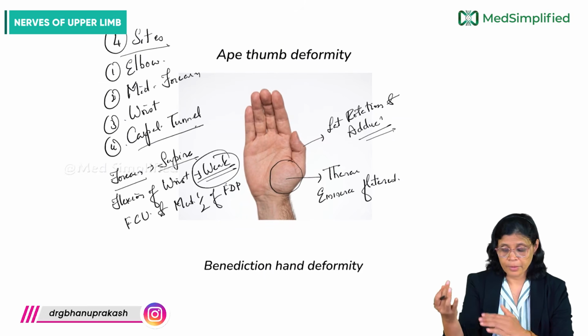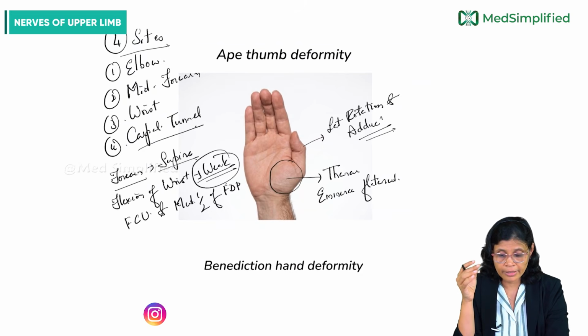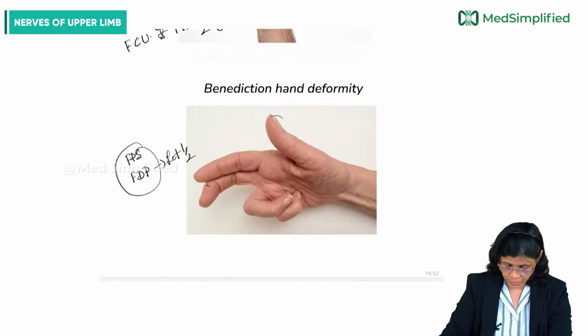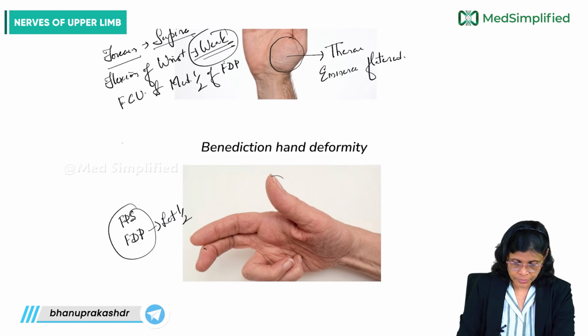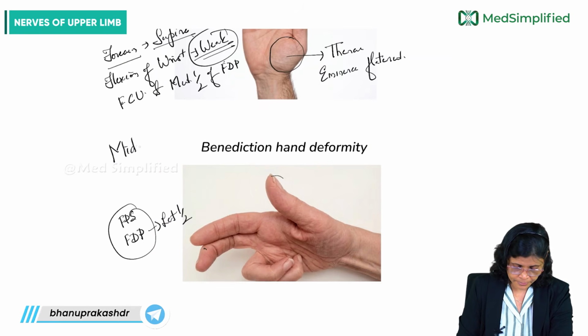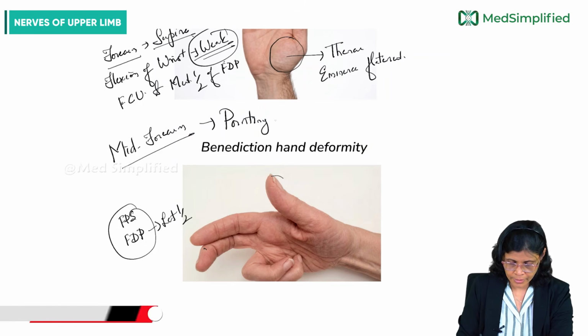So in the mid forearm, if it is injured, mid forearm injury basically results in what we call the pointing index.